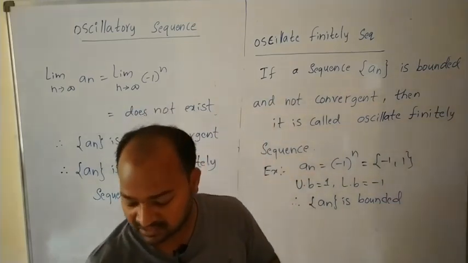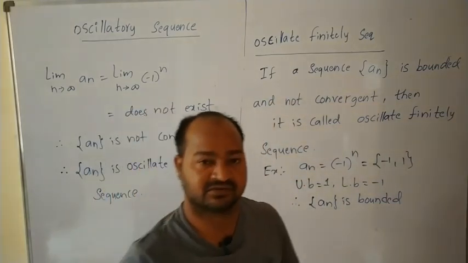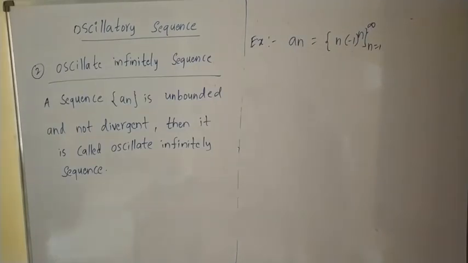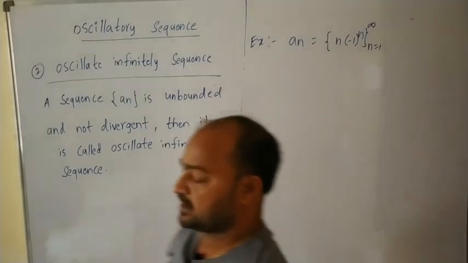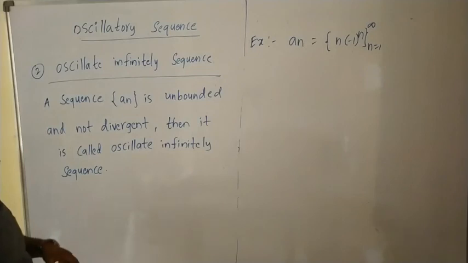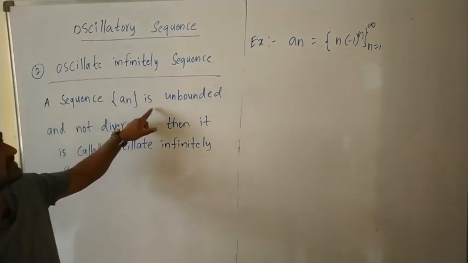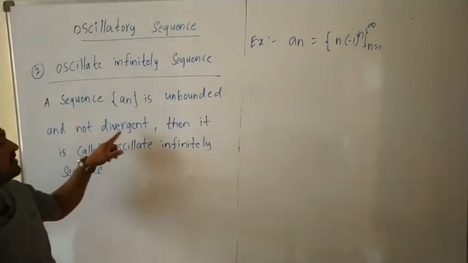Next we will see the oscillate infinitely sequence. Oscillate infinitely sequence means that a sequence an is unbounded and not divergent.